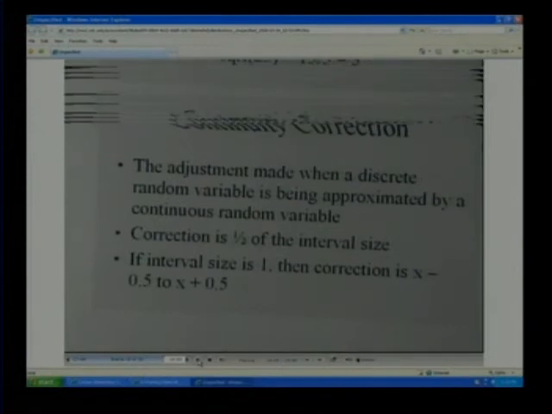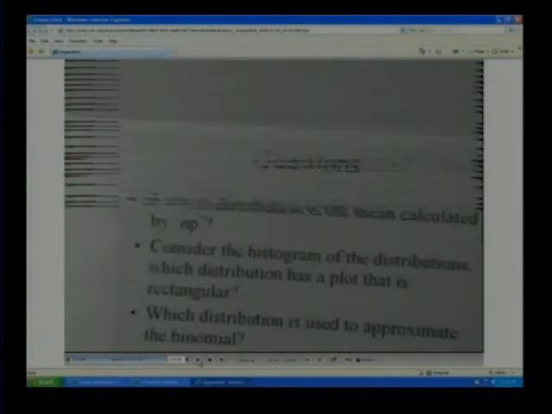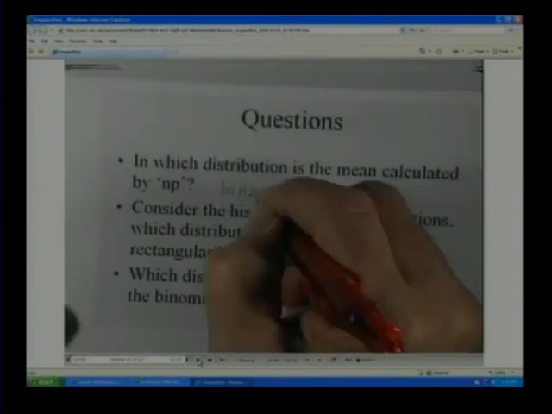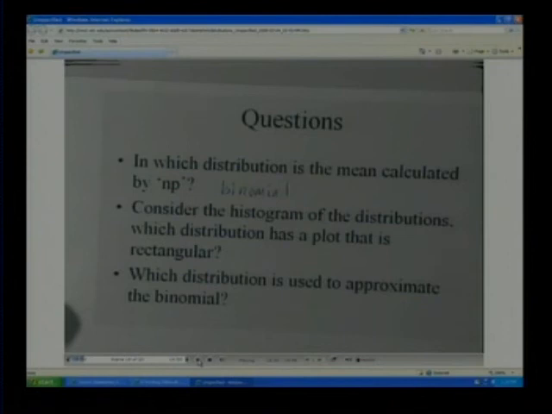Okay, so let's go back and look at our questions right quick. Which distribution has a mean calculated by NP? We should know that's binomial. Consider the histogram of the distributions. Which distribution has a plot that's rectangular? That was the one that looked like this, and that was a uniform. And which distribution is used to approximate the binomial?